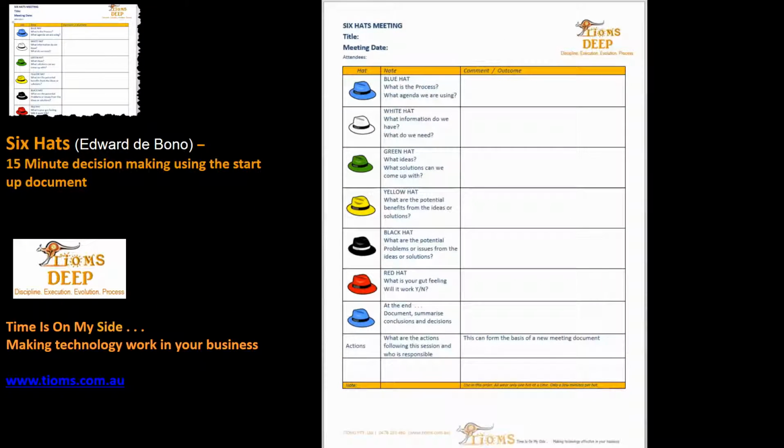Now, as referred to in the previous template, the meeting startup, this is the 6 Hats meeting control document. So we use this template in Deep to record the discussion or the summary of the discussion and comments that have gone on during the Six Hats meeting.